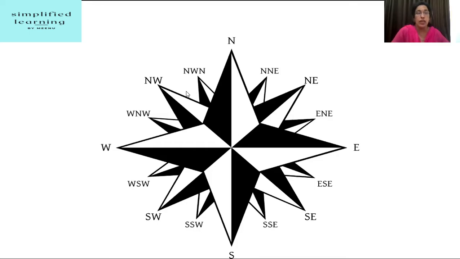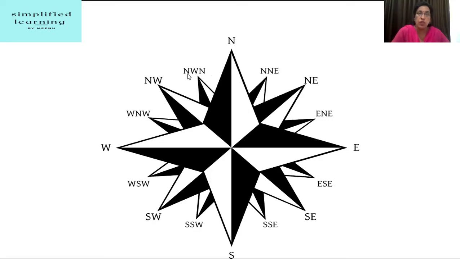Okay, similarly, let's talk over here. What happens here? This is northwest, that is your intermediate direction. But if we talk of this one, that is NNW, it means it is more towards the north and less towards the west.